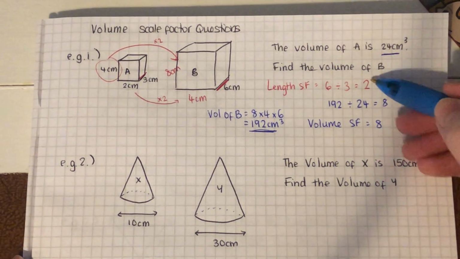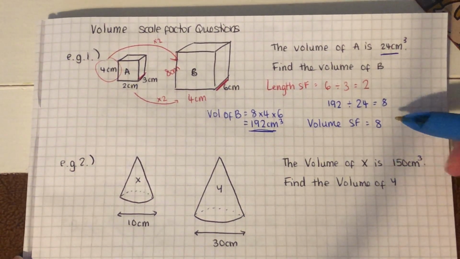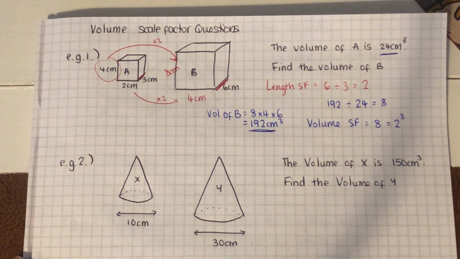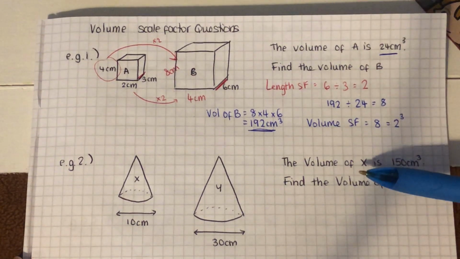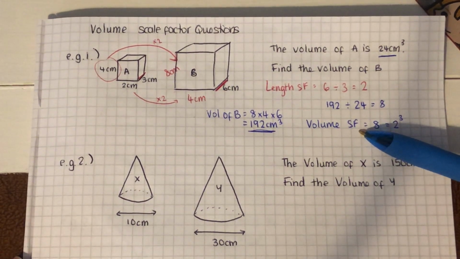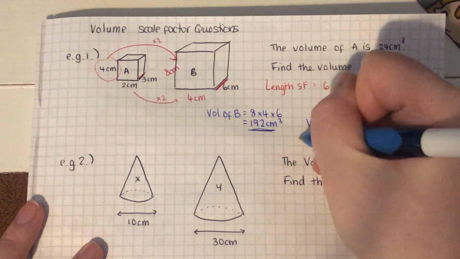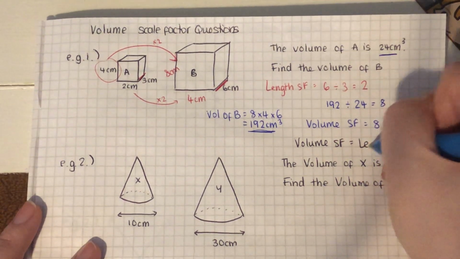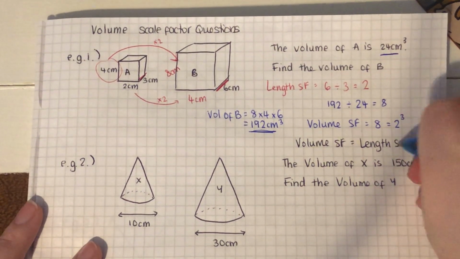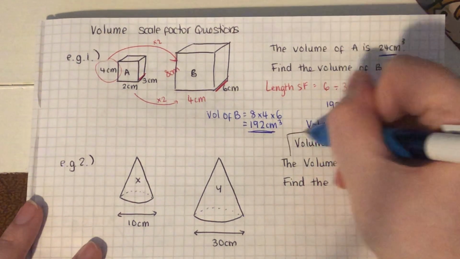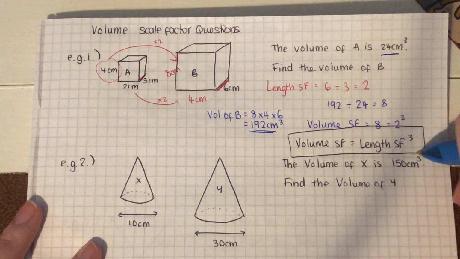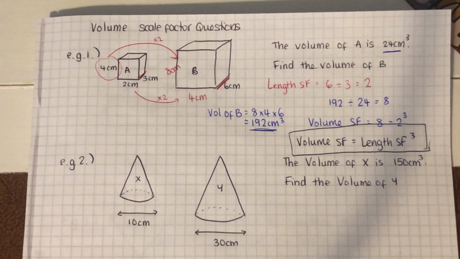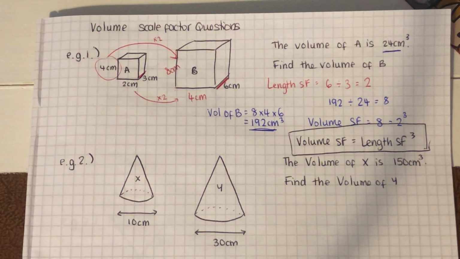We know the length scale factor is 2, so that means 8 is the same as 2 cubed. So if we just cube the length scale factor, we would always get the volume scale factor. So the volume scale factor is the length scale factor cubed. That's really important that you write that down, and it is something you need to learn off by heart. We're going to be using that the whole way through to help us.